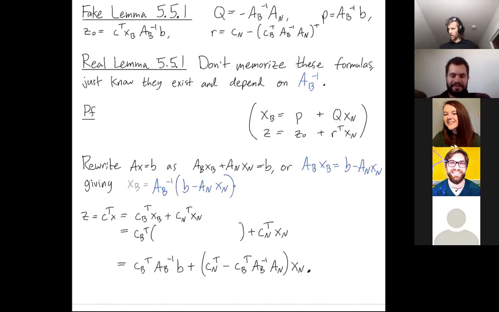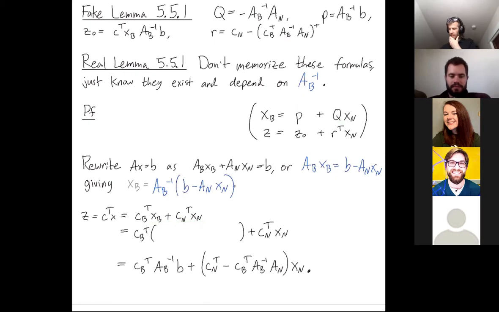And now in what follows, we're gonna solve for z_0 and r. z is what we're trying to optimize, c transpose x. You can write that in a very analogous way to what we did here as the inner product of the variables that are basic plus the inner product of the variables that are non-basic.